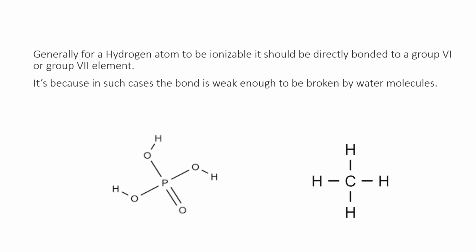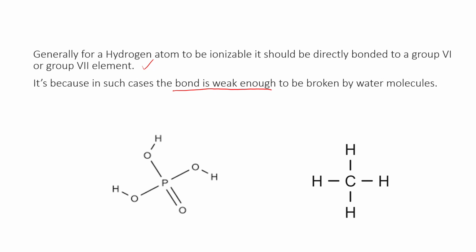Basically, for any substance which contains hydrogen to be acidic, the bond should be so weak that it can be broken by the water molecules, as we saw in the example earlier. Now, one general criterion that you can use in order to identify which substances containing hydrogen can be considered an acid is this simple rule.